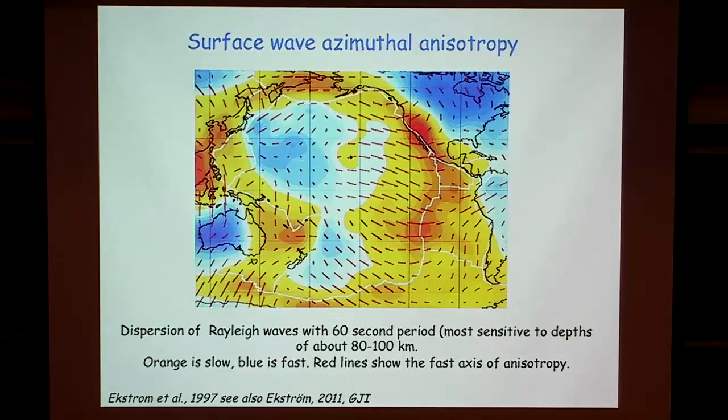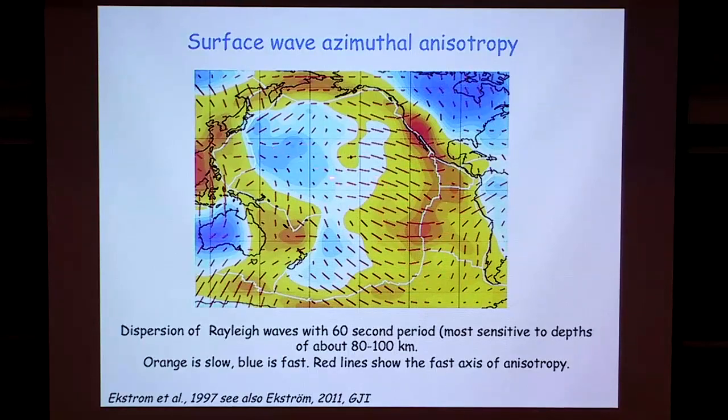This is an example of a tomography map where surface wave azimuthal anisotropy was inverted for. So this shows a 60-second period dispersion of Rayleigh waves. In the background is the isotropic velocity variations. There's no scale, but this is VS isotropic.